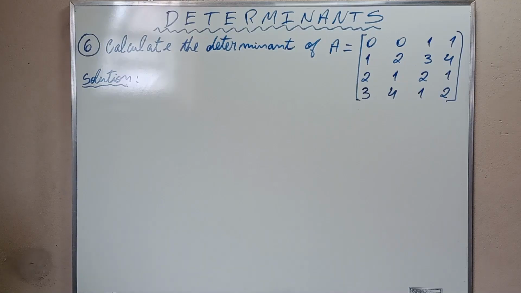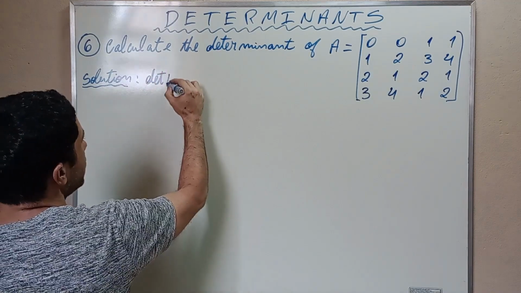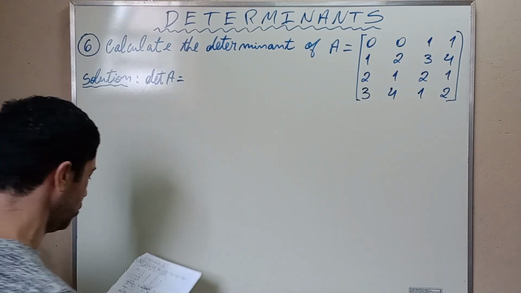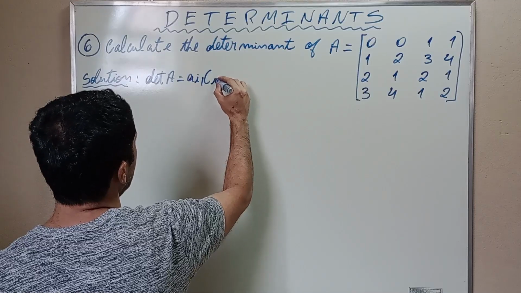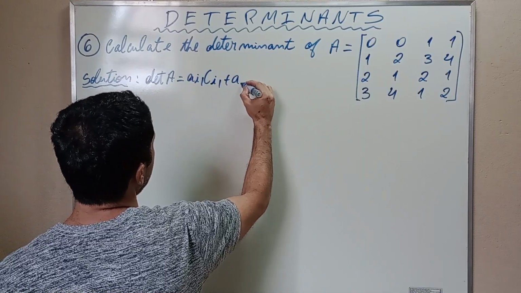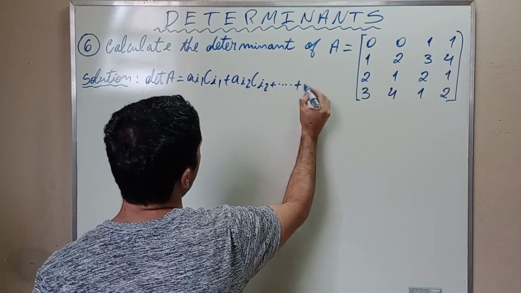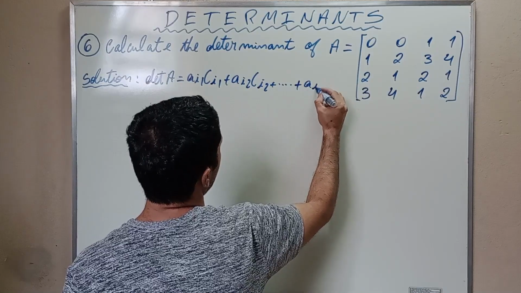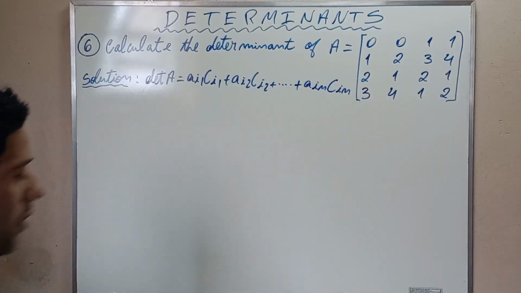And to calculate the determinant of this 4x4 matrix, we may use Laplace expansion, which says that the determinant of any matrix of any order is equal to A_i1 times the cofactor C_i1 plus A_i2 times the cofactor C_i2 plus ... A_in times the cofactor C_in. Alright?